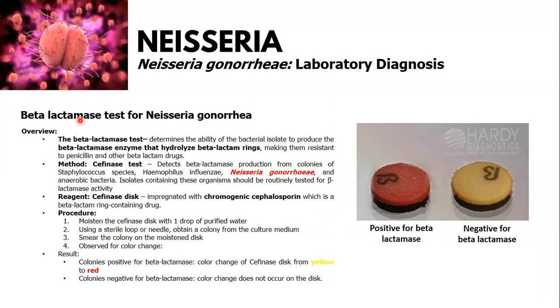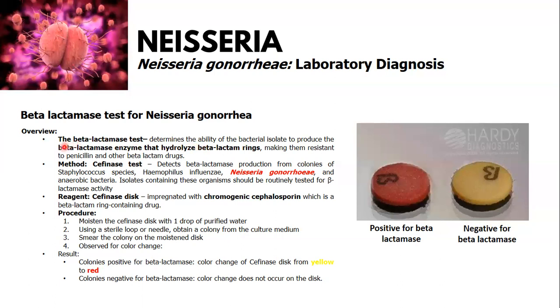So for the principle of the beta-lactamase test, the test determines the ability of the bacterial isolate to produce the beta-lactamase enzyme that hydrolyzes beta-lactam rings, making them resistant to penicillins and other beta-lactam drugs.